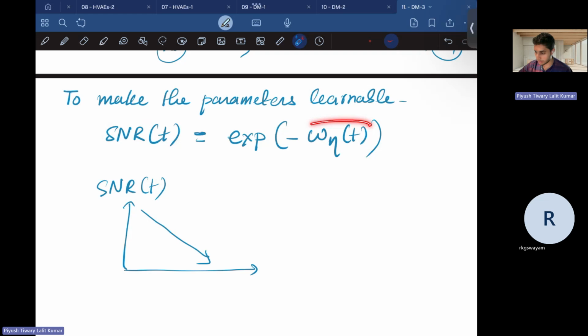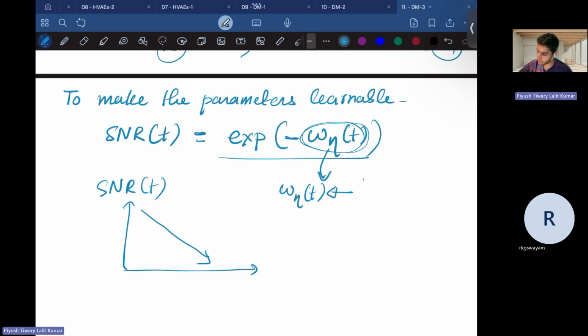To make sure it decreases with time, the argument inside must decrease, so omega eta of t should increase. So omega eta of t should be modeled as a monotonically increasing neural network with parameter eta.